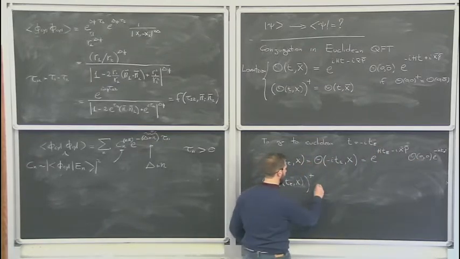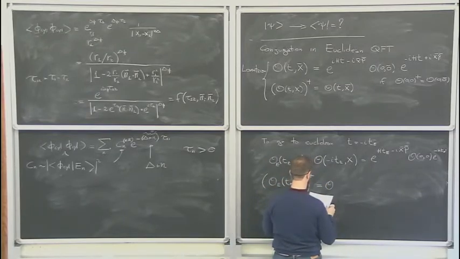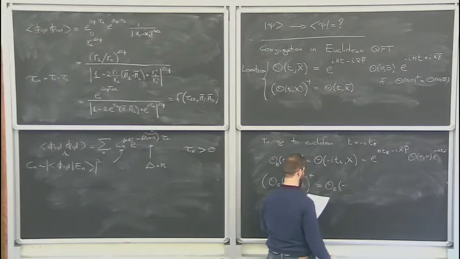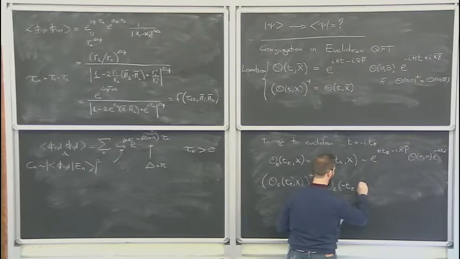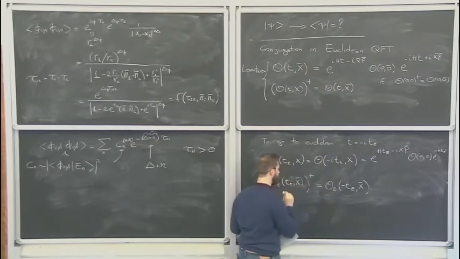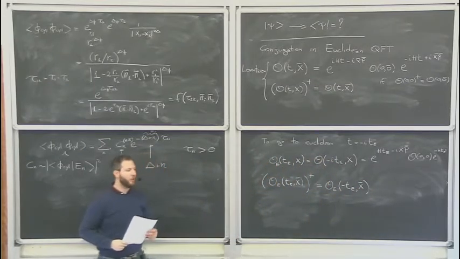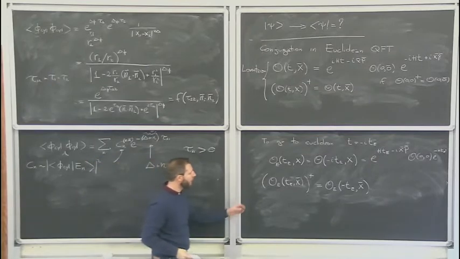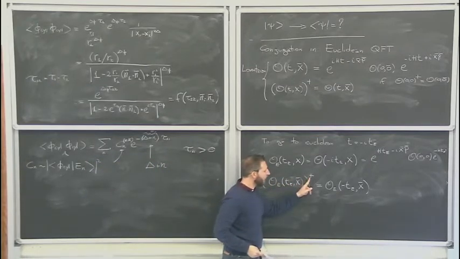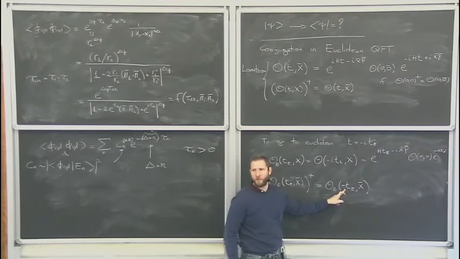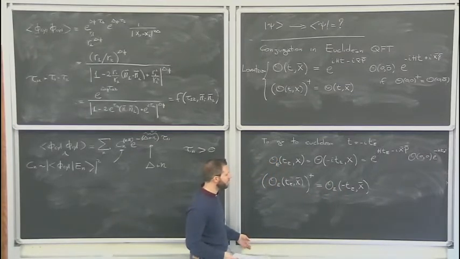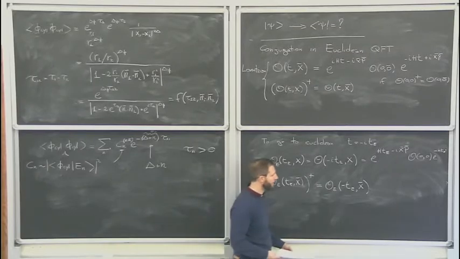So this object here, surprisingly enough, becomes equal to the Euclidean operator inserted at minus t Euclidean. So in Euclidean QFT, performing a conjugation is equivalent to doing a time reflection. Perhaps it's a bit unfamiliar, but that's what happens.